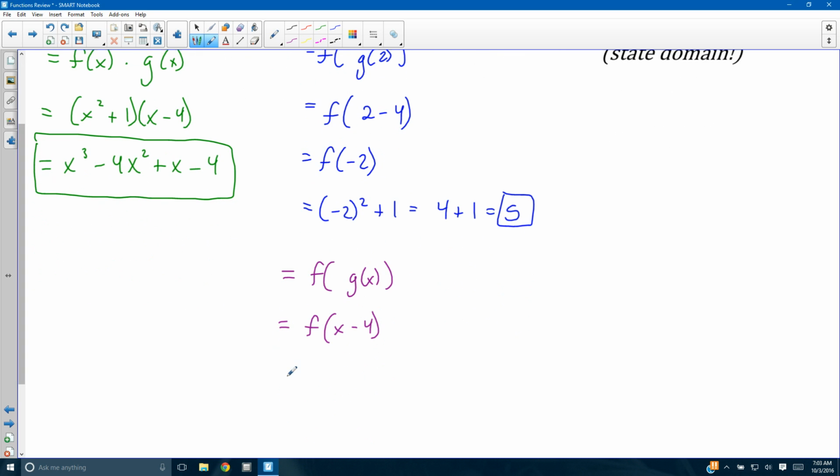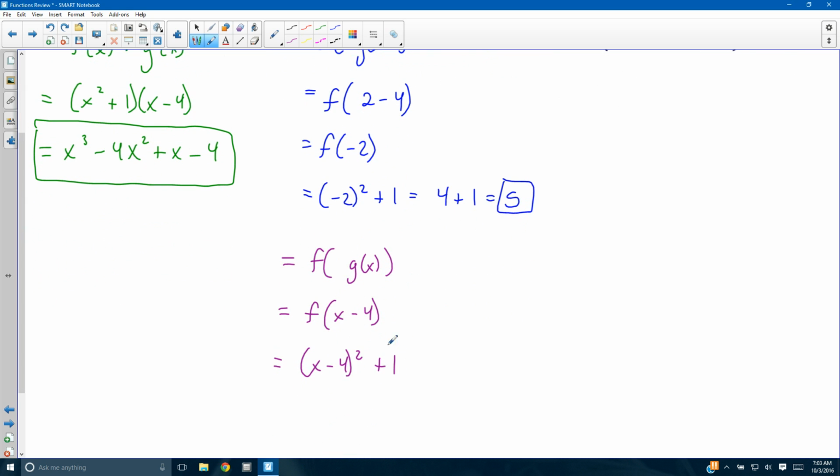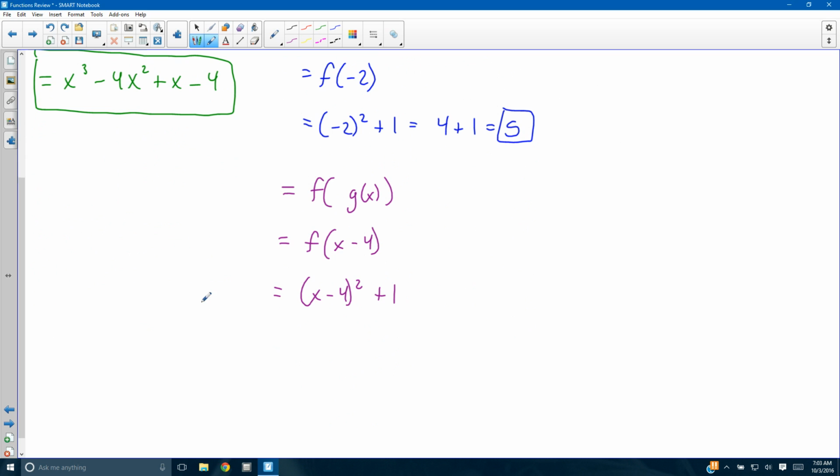So that'll become x minus 4 squared, plus 1. And I could keep expanding this thing. In fact, I will. But once you have something there, you can also substitute 2 in. I suppose you'll be doing the same stuff there, though.